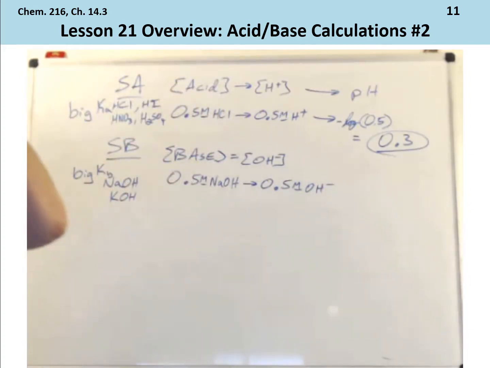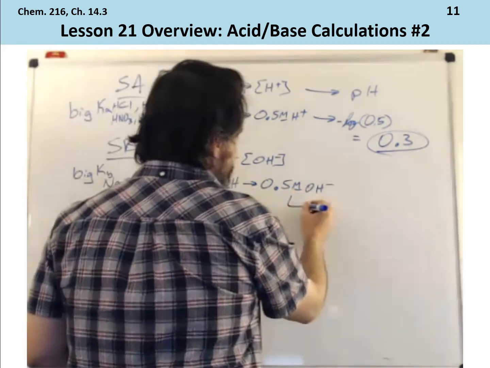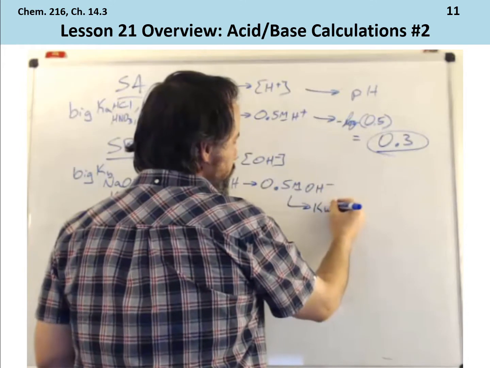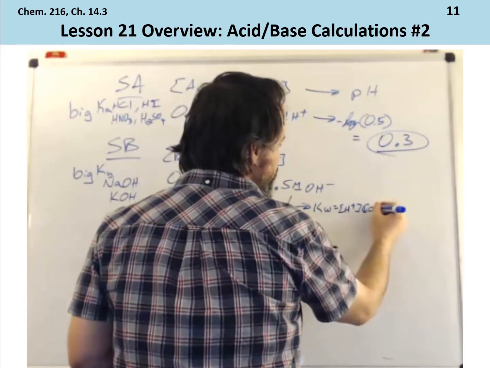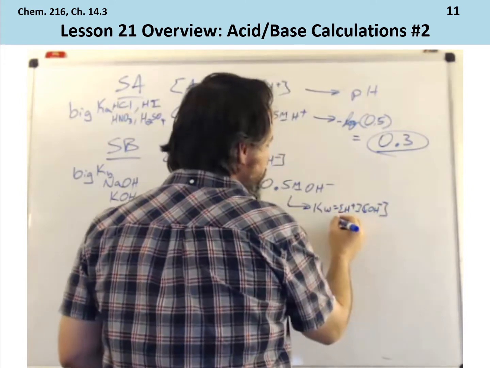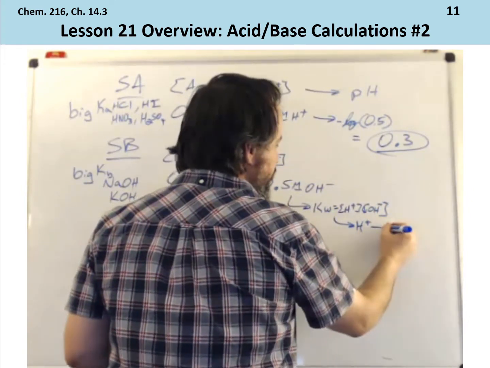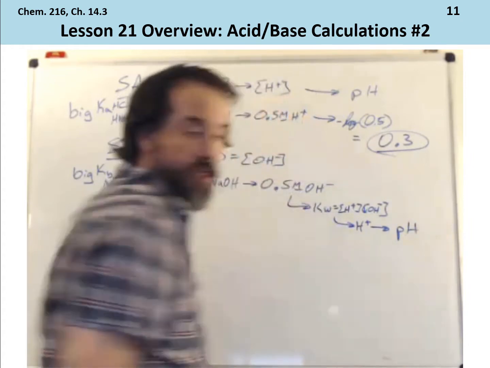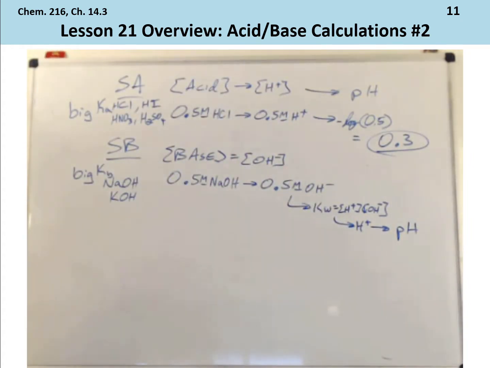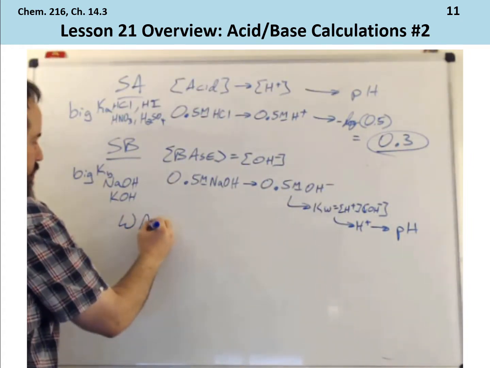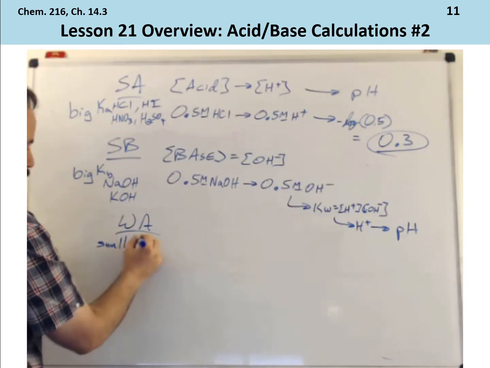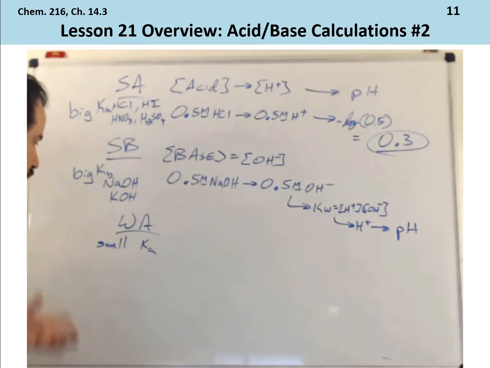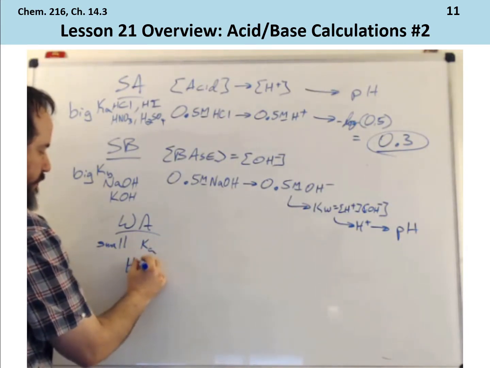And so then I can use Kw equals H+ times OH- to calculate H+, and then use that to get pH. All right, weak acids, these have small Kas. An example is HF.